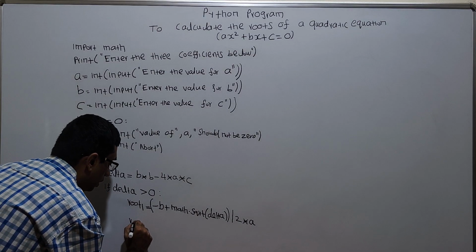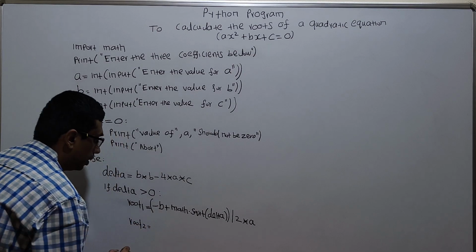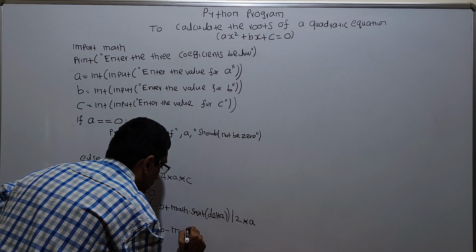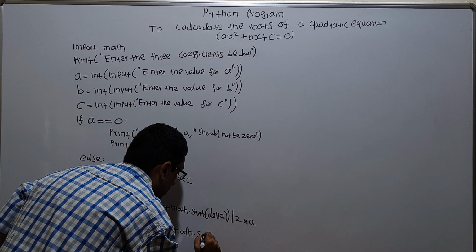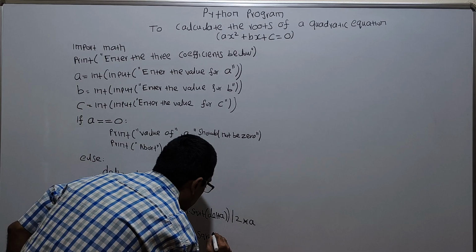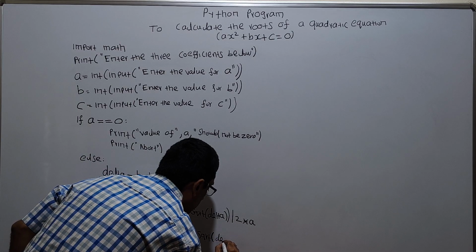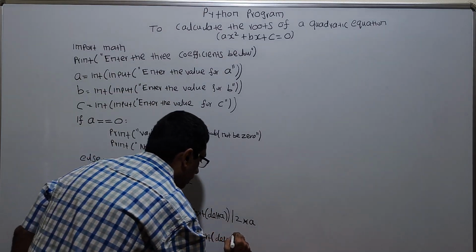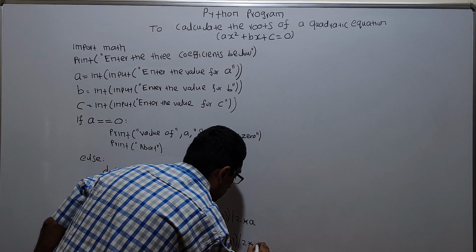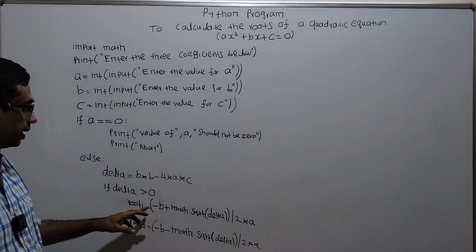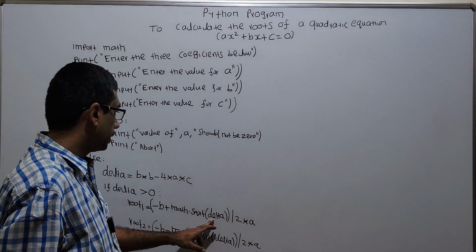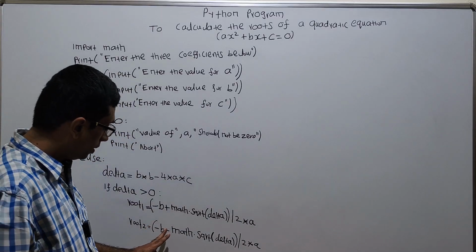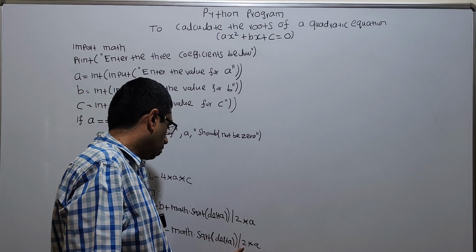Likewise, root 2 equal to minus b minus math dot sqrt of delta, and the whole divided by 2 star a. That means minus b plus math dot square root of delta, delta meaning b square minus 4ac, divided by 2 star a, and root 2 equal to minus b minus math dot square root of delta and the whole divided by 2 star a.